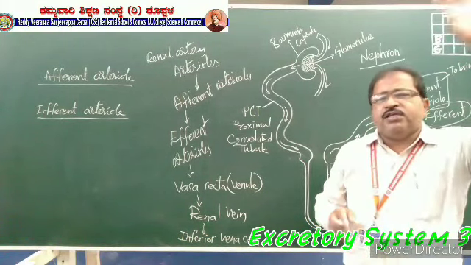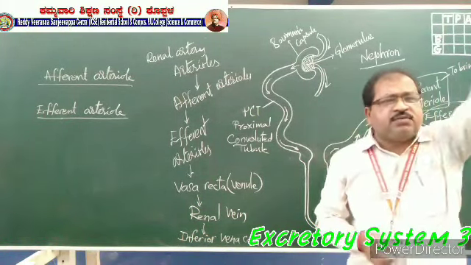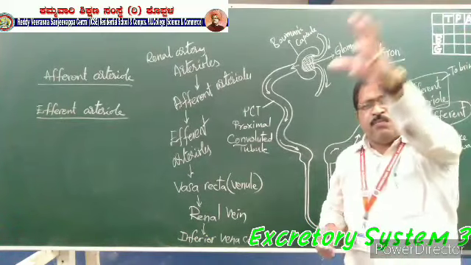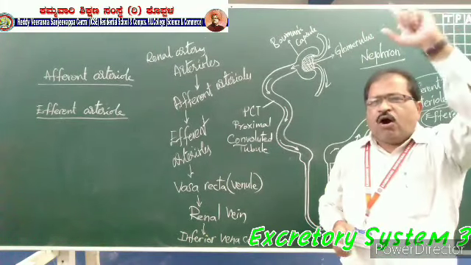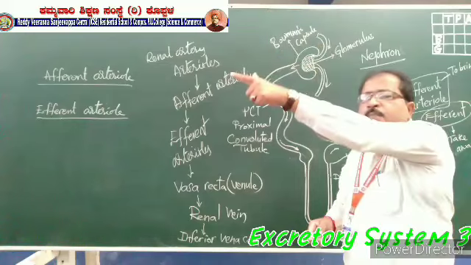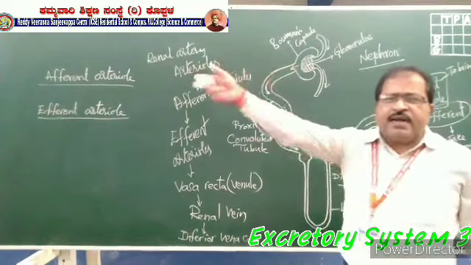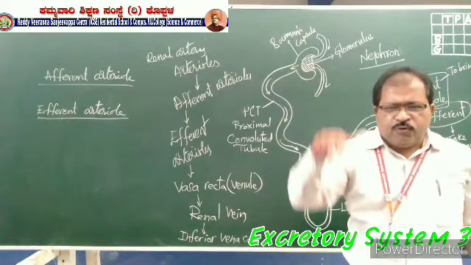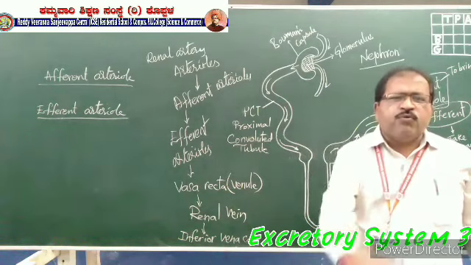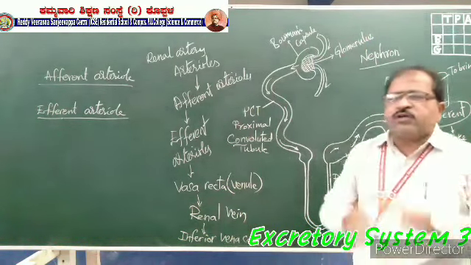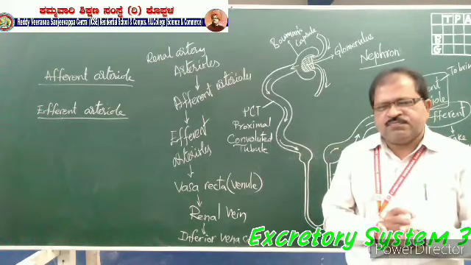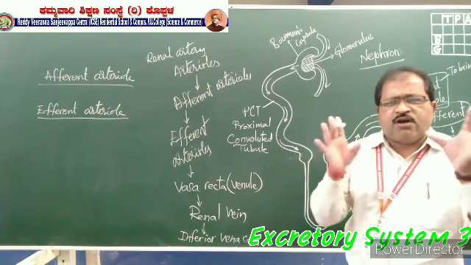There the blood is purified, meaning carbon dioxide is removed and oxygen is mixed, and that oxygenated blood is brought by the pulmonary veins into the left auricle, moves to the left ventricle, then into the aorta and is supplied to all the body parts. This is the structure of the kidney.